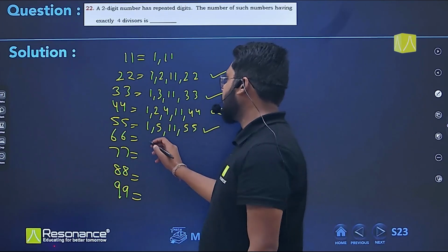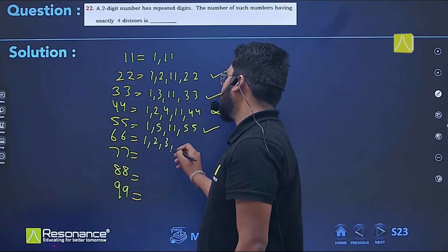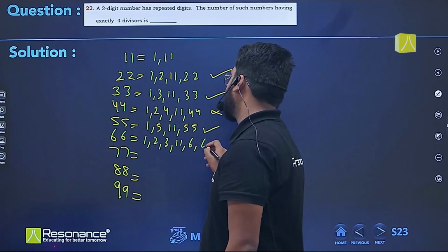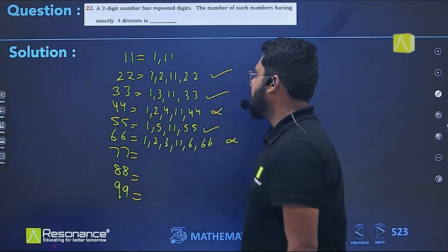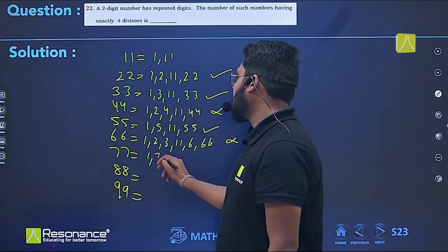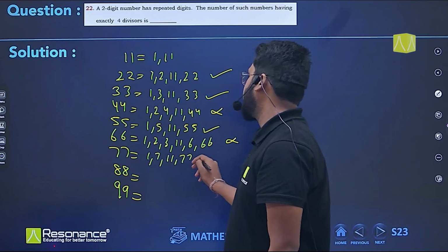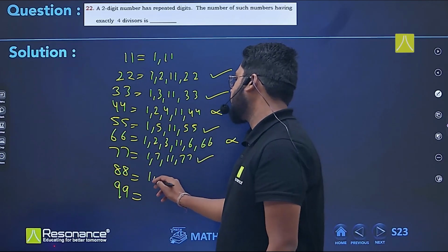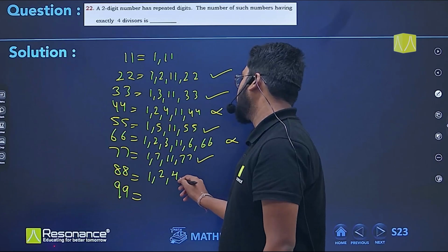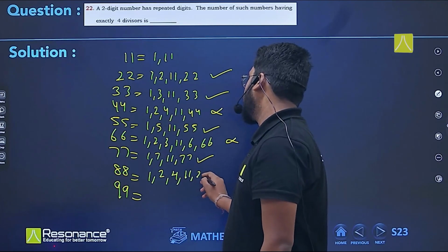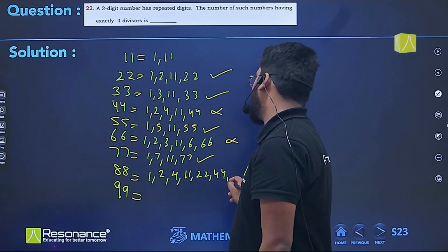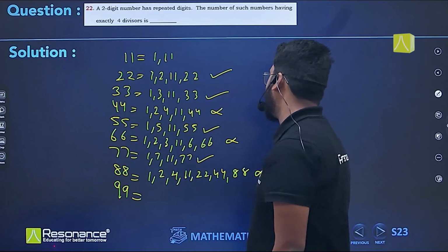For 66 there are many divisors, so we ignore it. For 77 it's 1, 7, 11 and 77, again 4. For 88 there are so many divisors, we ignore it.